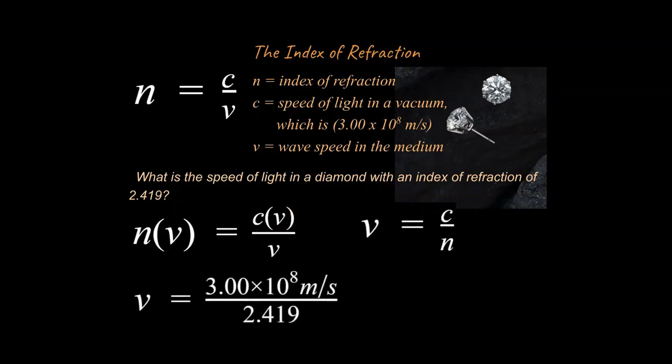We're now ready to plug in numbers, and we end up with our answer. So that's how fast light is going to travel inside a diamond with an index of refraction of 2.419. Now notice this is slower than it would travel in space or just regular air. So light does have different speeds depending on what it's traveling through.